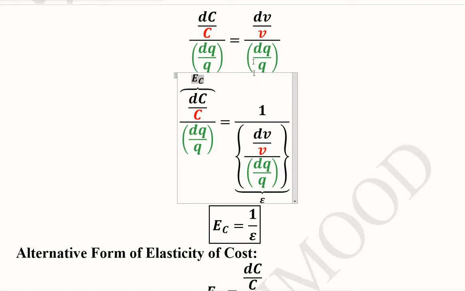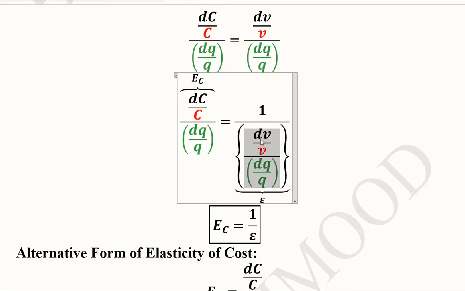Now we focus on this part that we delayed for a moment. This is actually the reciprocal of what the elasticity of scale is. In the elasticity of scale, we remember that this was in the numerator and this was in the denominator. So if I reciprocalize it, it will be like this, that is 1 over the reciprocal of the term.